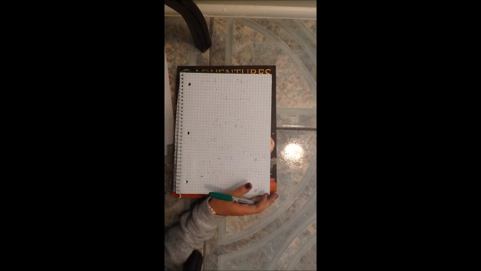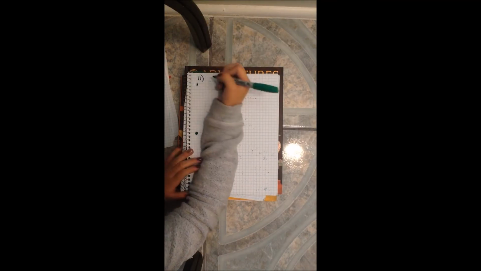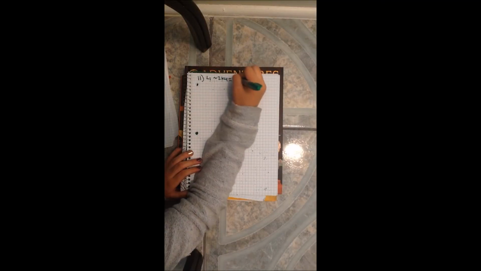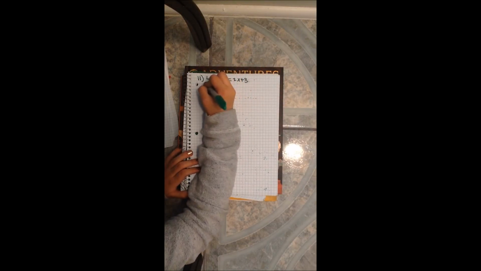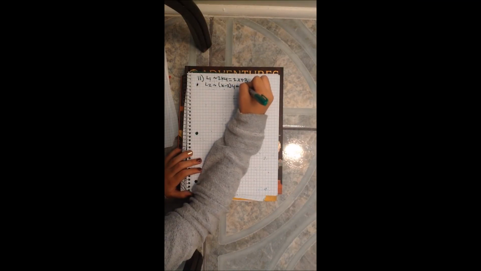Now for 11, it's also a perpendicular line. So line 1 is 2ky equals 2x plus 3. Line 2 is k minus 2 times y equals x plus 1 over 3.